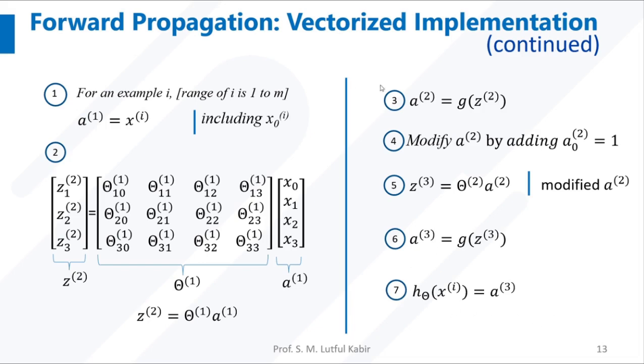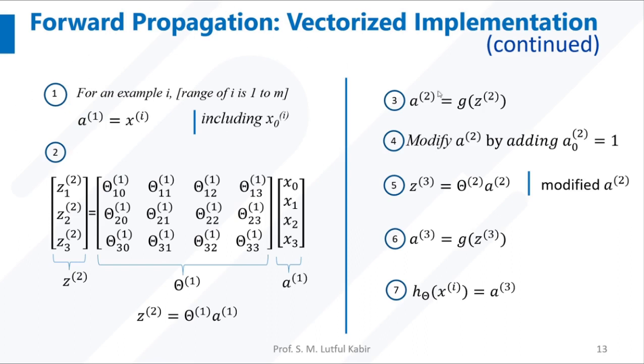So this is your vectorized implementation of the neural network, and we call it forward propagation because we start from the input and we go to the output in the forward direction. There is another term called backward propagation that I will teach you in the next lecture.